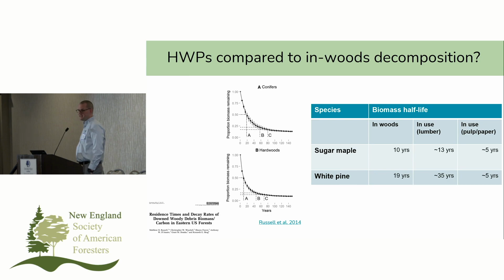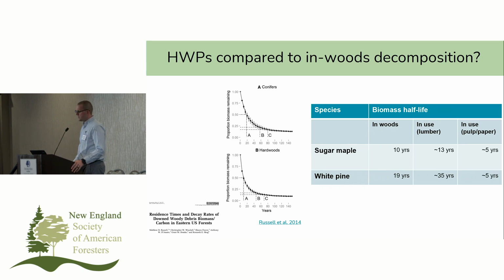So we have some estimates, using FIA data, of how long they are in the woods. A sugar maple, on average, is in the woods for about 10 years, a white pine about 19 years. Now, it's really hard to understand and quantify when that piece of wood goes into the soil or decomposes into fine woody debris, but there are ways to do it.